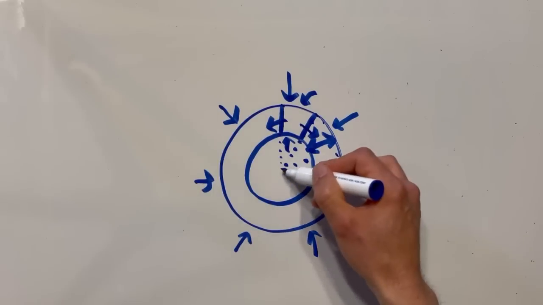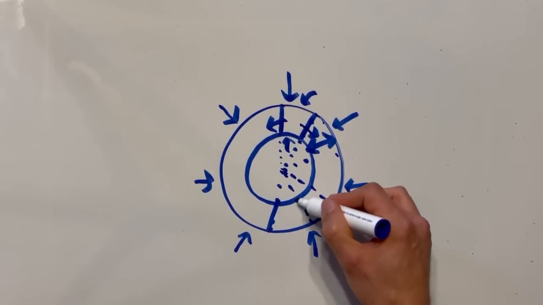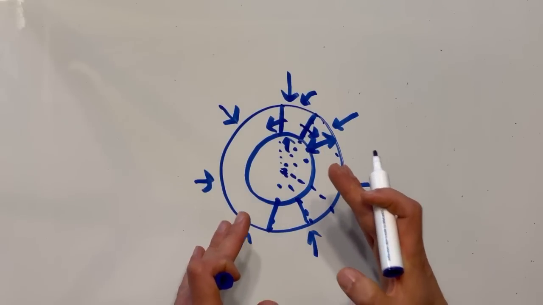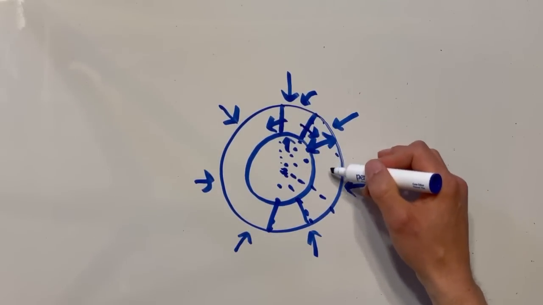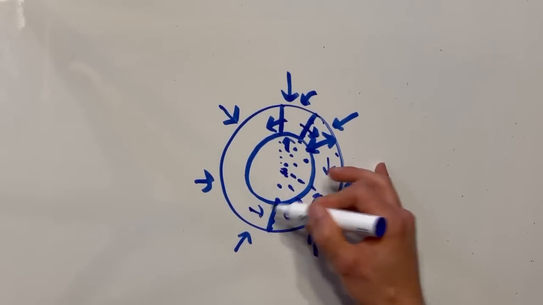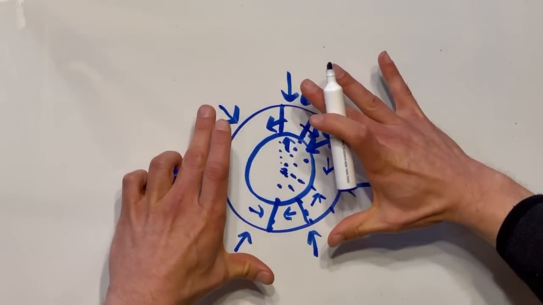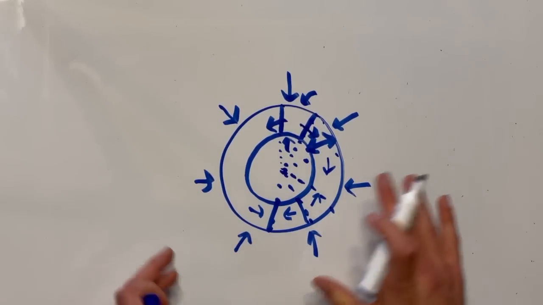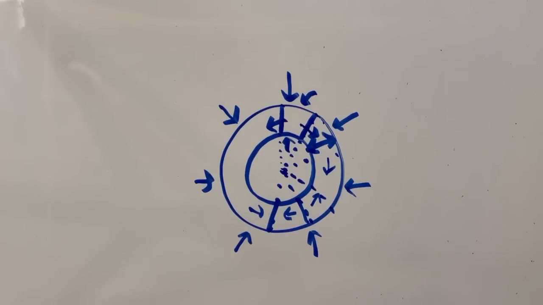And if I keep going around and have that same view, every section of the sphere is that keystone wedge shape. So every section can push against the next section, which pushes against the next section. And that's what keeps the sphere from collapsing. In a sphere, again, this is true from all angles, no matter how I slice it.